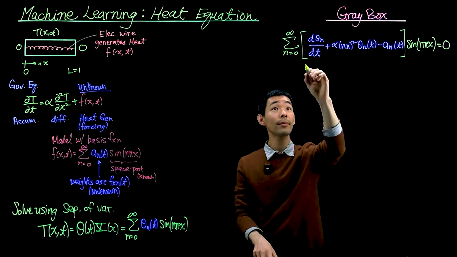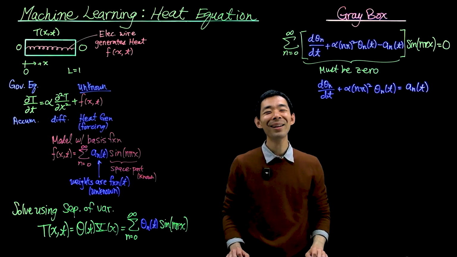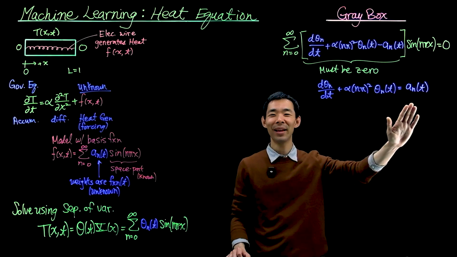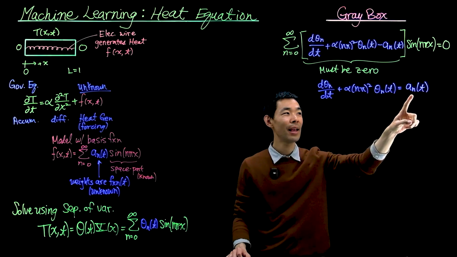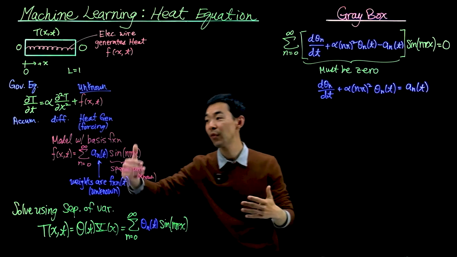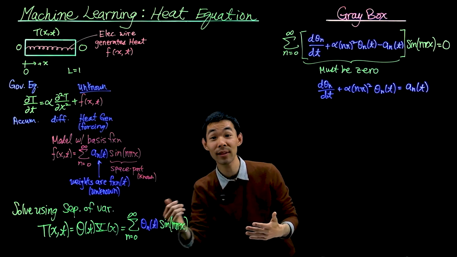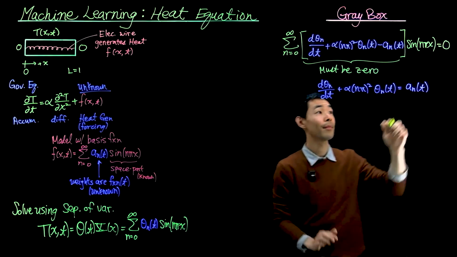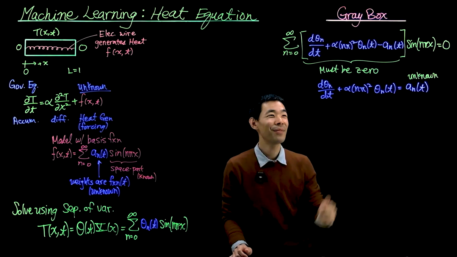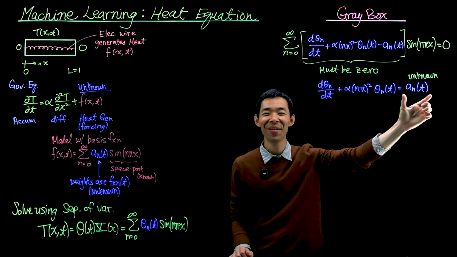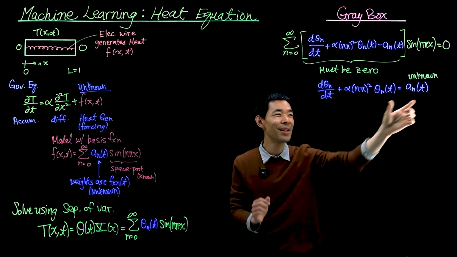Let's write that down. We get an ODE that looks something like this. Once again, this a sub n of t came from our model for our forcing function, but we don't know what this is. So that's an unknown term. But from the perspective of this ODE, it's a forcing function, right? This is the non-homogeneous term.